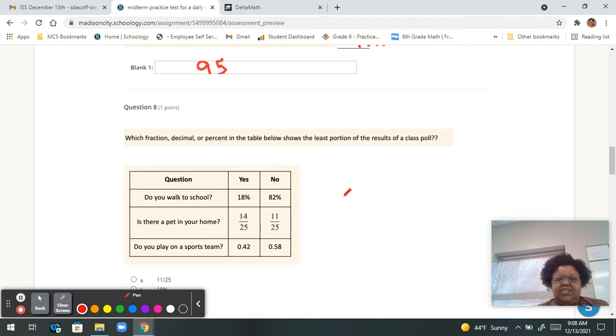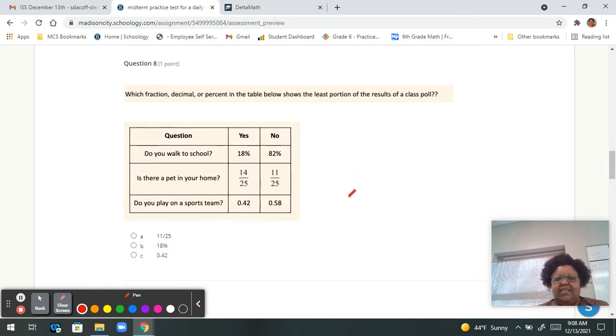Okay, which fraction, decimal, or percent in the table below shows the least portion of the results in the class poll? Now, you can convert them all to decimals, you can convert them all to fractions, or you can convert them all to percents. It's up to you. I'm going to do percent, okay, because that's easier for me to see.